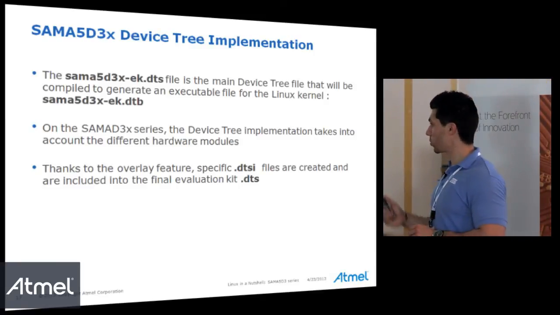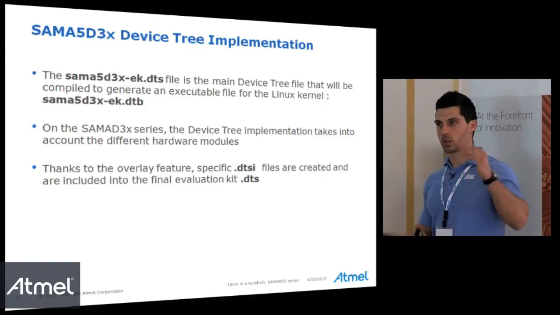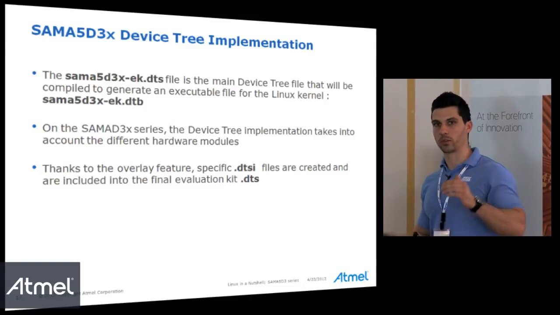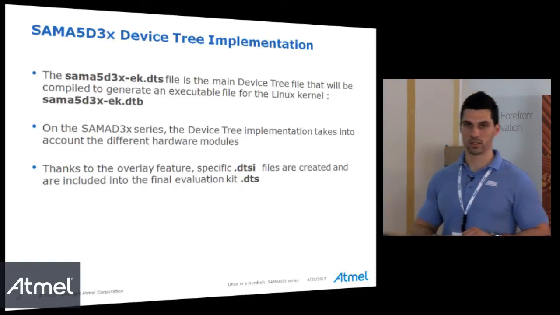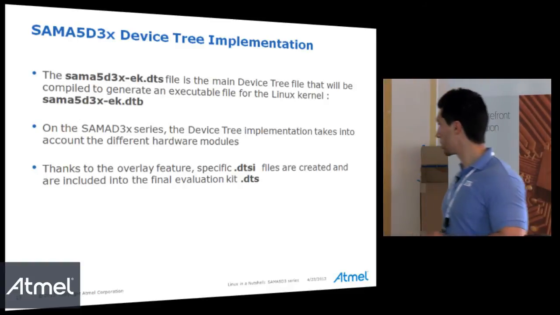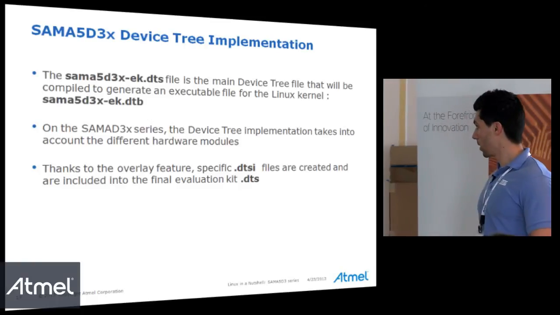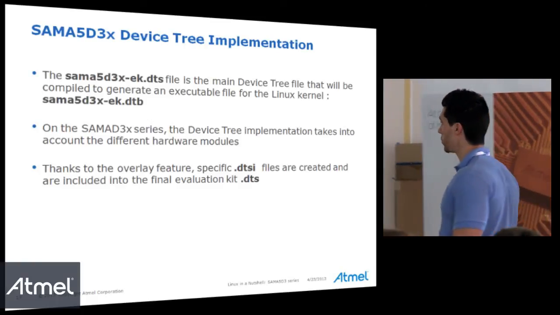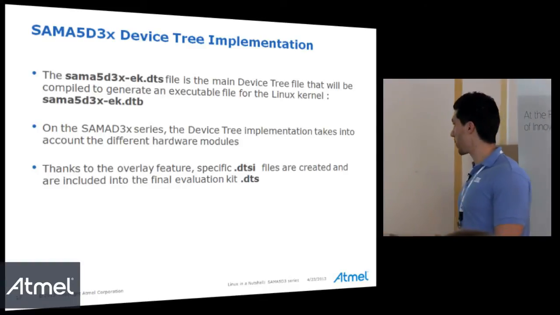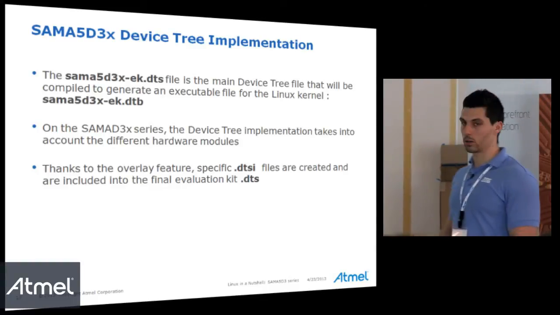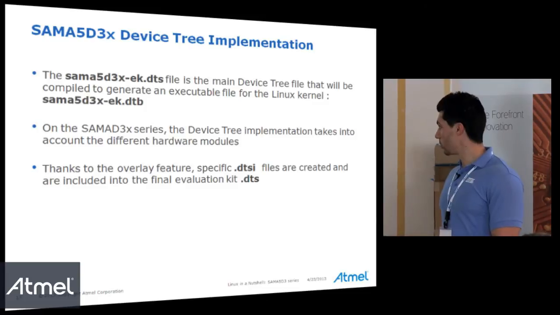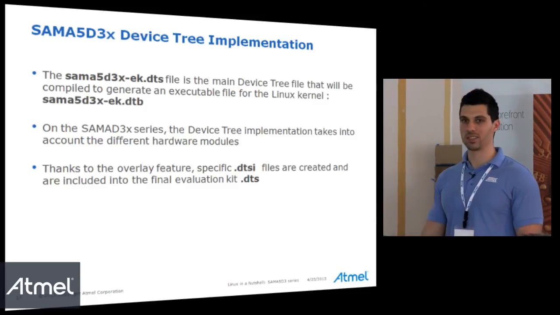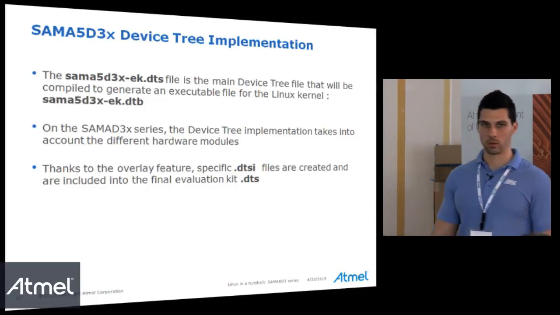It's up to the customer to enable each peripheral at its device tree level. By default, it's disabled. Last point on this slide, thanks to the overlay feature, specific DTSI files are created and are included into the final evaluation kit DTS file.